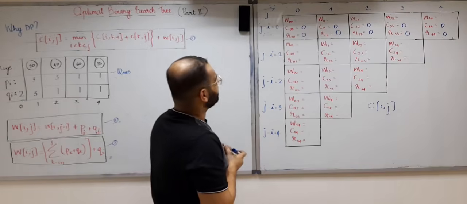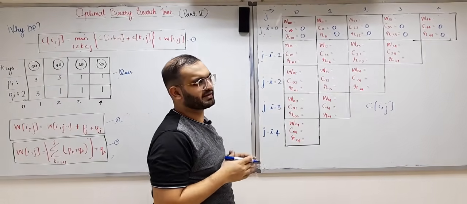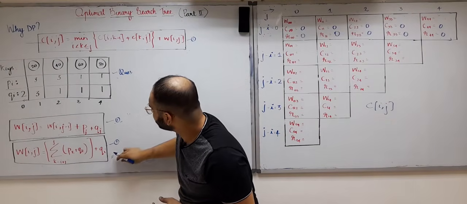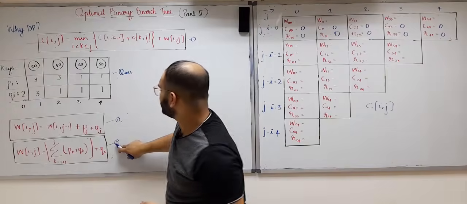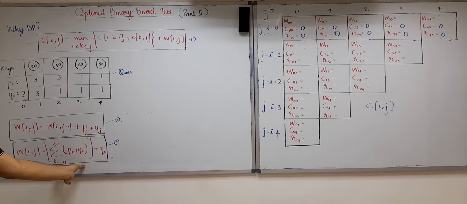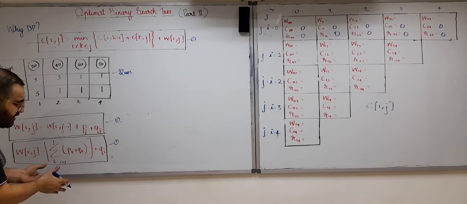Okay, now for finding the weight of a 0-node binary search tree. If we use the third formula over here, you will understand that the summation in the third formula is actually not present, the reason being that our lower bound is starting after our upper bound. So this summation vanishes.